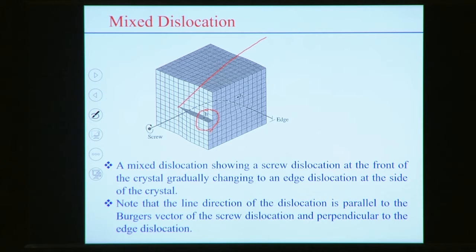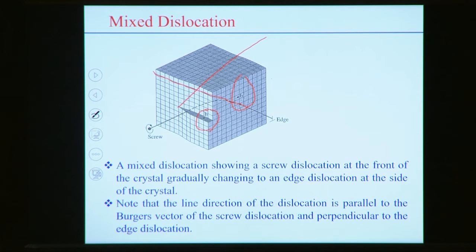But in the case of the edge dislocation, this is the extra plane of atoms being added here, and that produces some amount of dislocation, an edge dislocation, which is perpendicular to the Burgers vector. So the edge dislocation exists internally in this direction, and the screw dislocation exists internally in this direction.